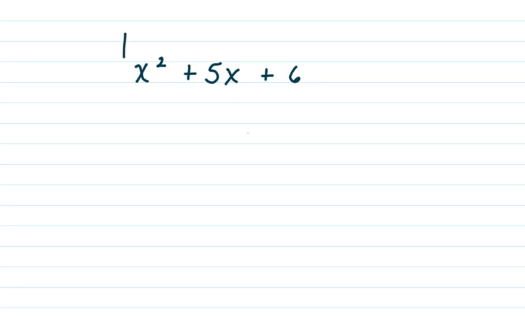So this coefficient is A, this one is called B, and this one is called C. So in all these examples, the A will be 1. So in every example we do today, when we factor it, every problem will start out with just a plain x squared, or 1x squared.